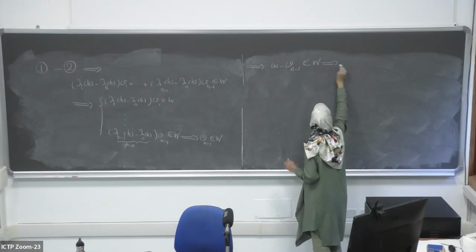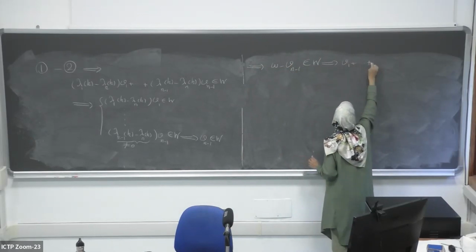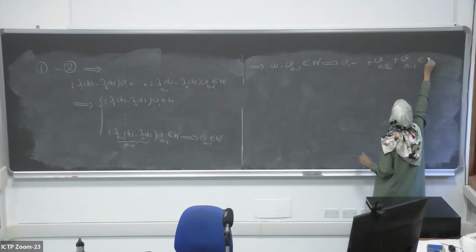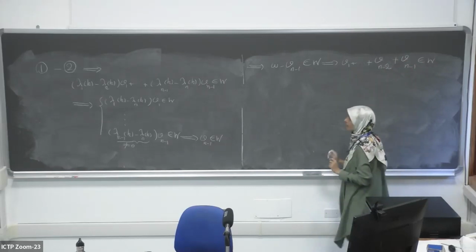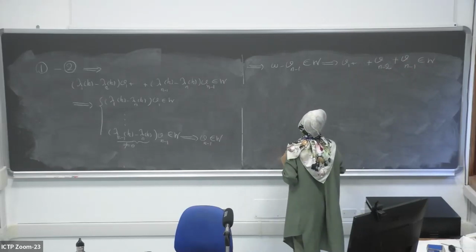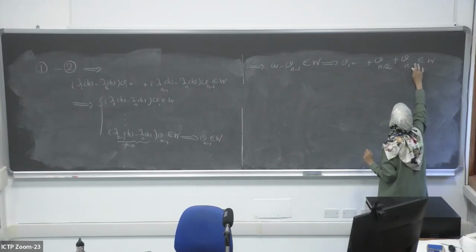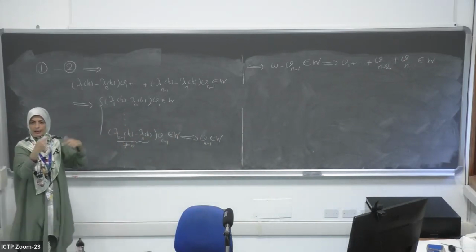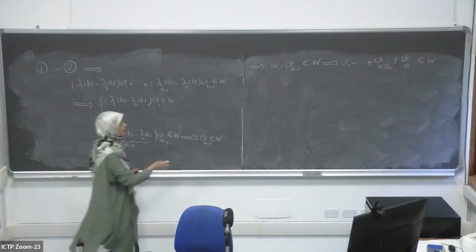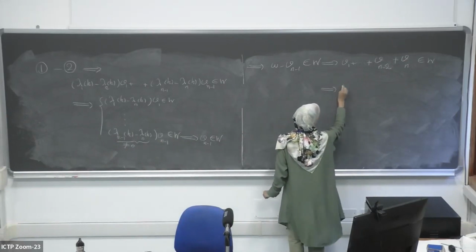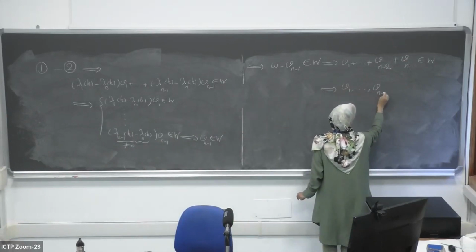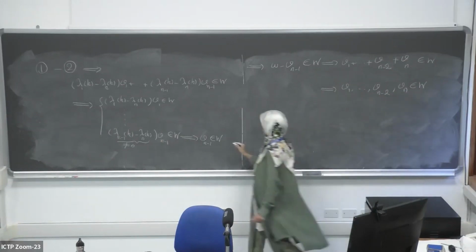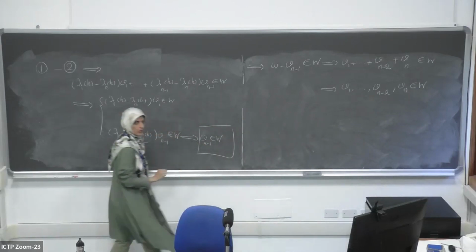And what is this? It is V1 plus up to Vn minus 2 plus Vn minus 1, which is an element of W. Again, we have n minus 1 terms, and again we can use the induction hypothesis to get V1 up to Vn minus 2 and Vn are elements of W. And here we got this one as well.